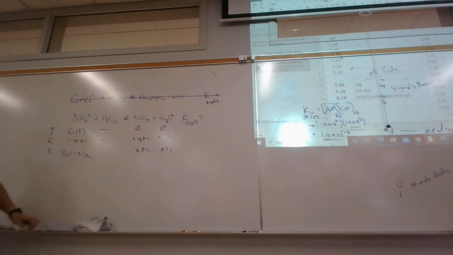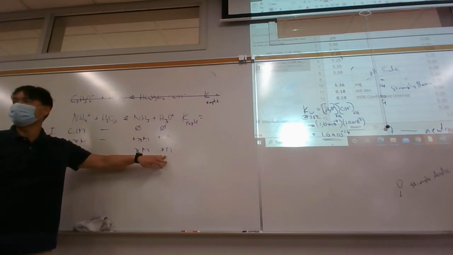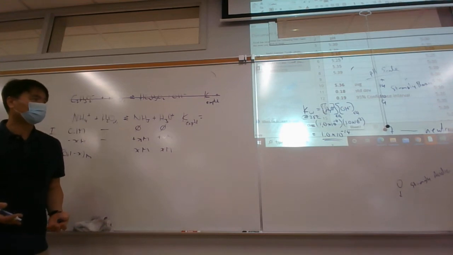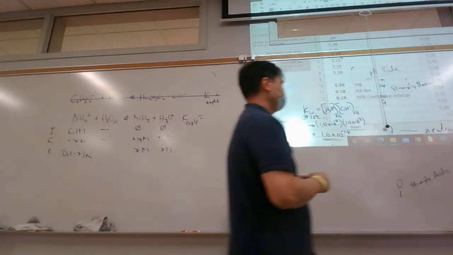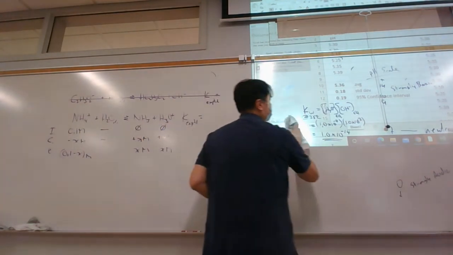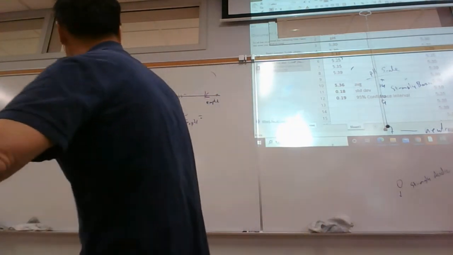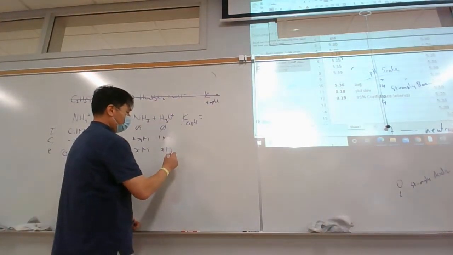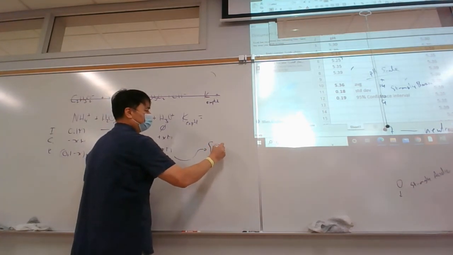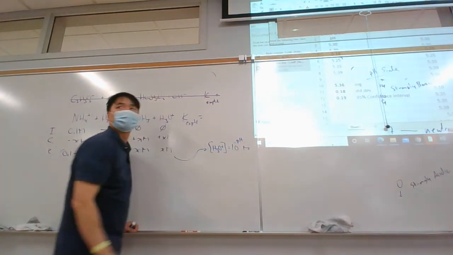And then what we did was we said, well, we know the equilibrium hydronium was determined from the pH. And so we said, okay, the equilibrium hydronium concentration is equal to 10 to the minus pH molar.